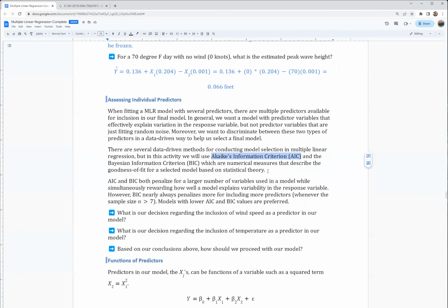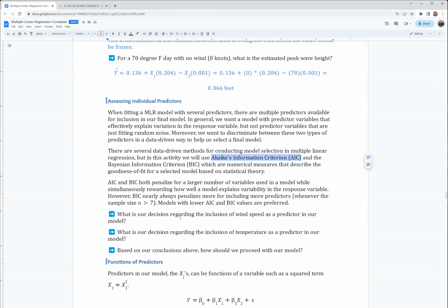So they reward model fit, but penalize for the number of predictors included. They both function very similarly. When the sample size n is bigger than 7, BIC penalizes more for more predictors, so it favors smaller models slightly, whereas AIC penalizes less when the number of observations is bigger than 7, which is nearly always. In general, they give similar results.